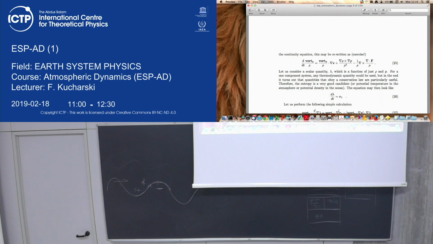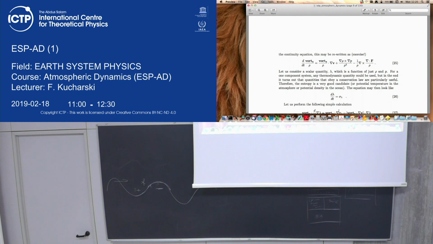And now comes a trick. Ertel derived this law. He used this trick. Imagine there's a quantity that just depends on density and pressure. It could be any quantity, but the good thing is that for a one-component gas or fluid, that can be any thermodynamic property.